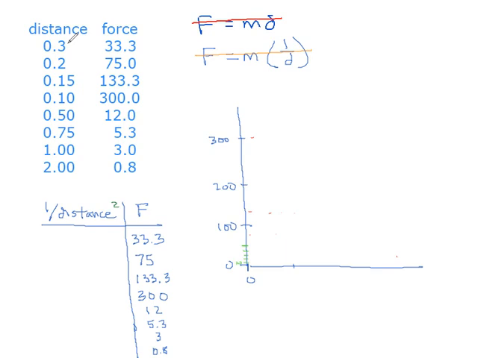So now I get to do 1 over distance squared, which on the calculator I'm going to hit. I'm going to put in 0.3, hit 1 over x to flip it, and then hit x squared to square it.